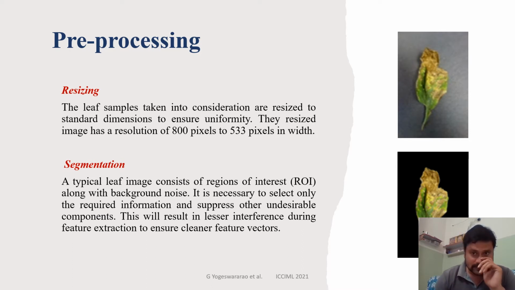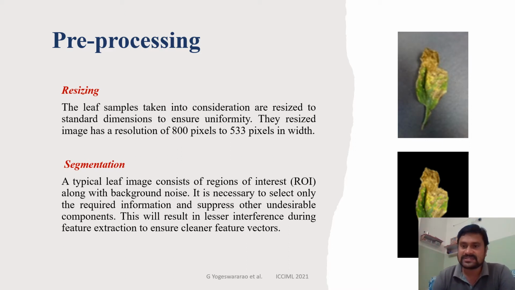This is shown in the image: this is the original image, and this is the segmented image with k value 2. One is the background and the second one is the object. We use this so that we can consider only the diseased parts of the image.